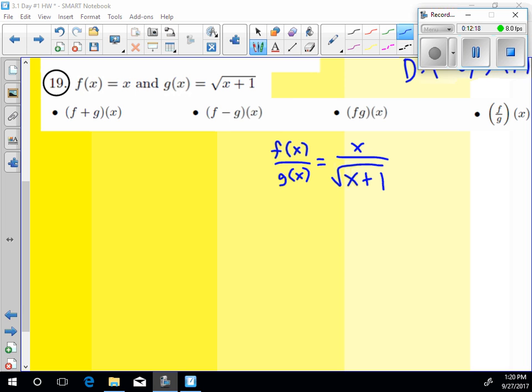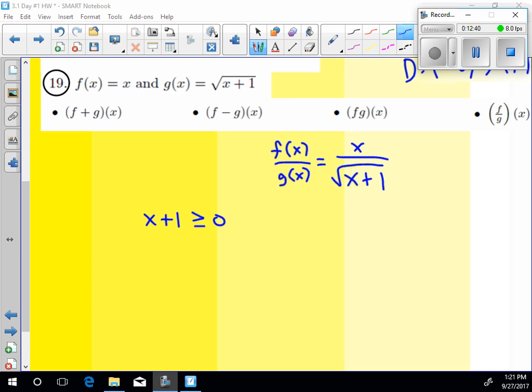This is a snipe. Denominator can't equal what? 0. But then the denominator also in this case has to be greater than or equal to 0. Wait a minute. So I want x plus 1 to be greater than or equal to 0.